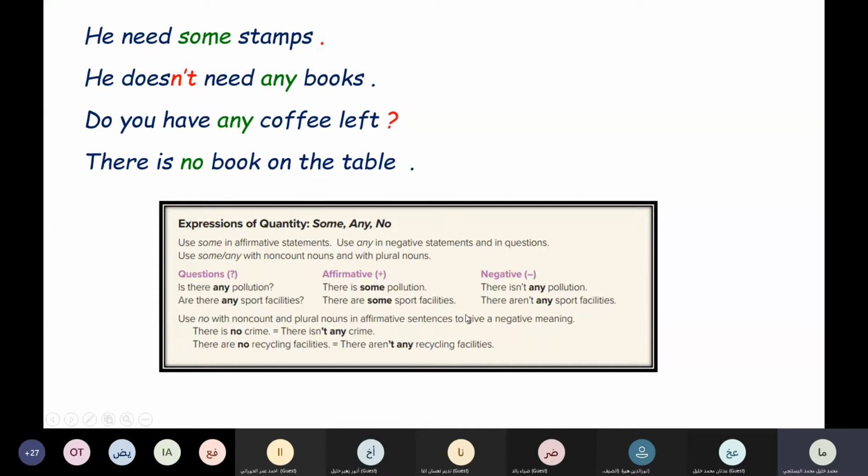If you want to give a negative meaning, we can use no with uncountable nouns and plural countable nouns. Look at the example. There is no crime. The sentence is affirmative, but the meaning is what? Negative. It means there isn't any crime. There are no recycling facilities. It means there aren't any recycling facilities. Negative meaning.